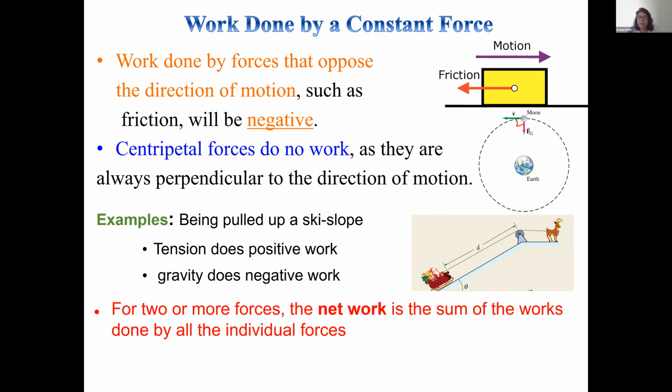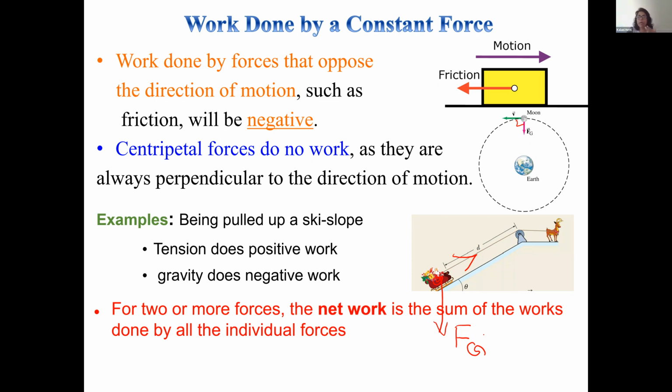And in addition to that, you can have different forces doing different work. As an example, in this case, your tension force will do positive work, but you know what will happen to the gravitational force. Gravitational force is staying in here. That force will do negative work. At least one component of that will do negative work.